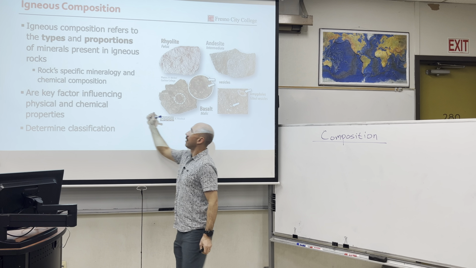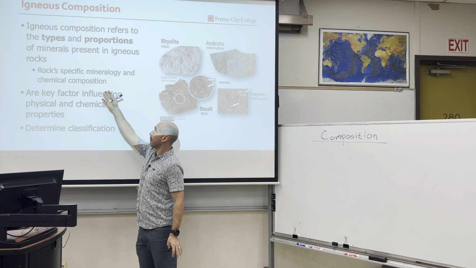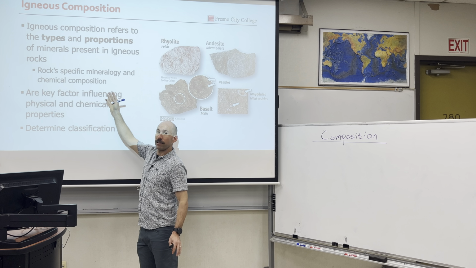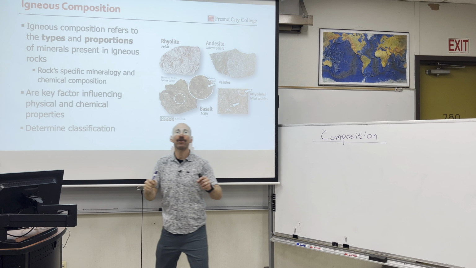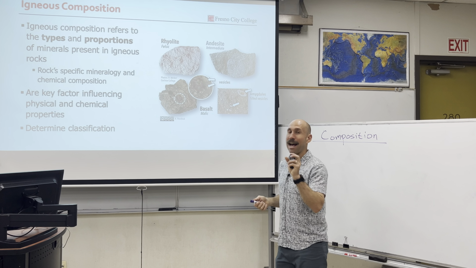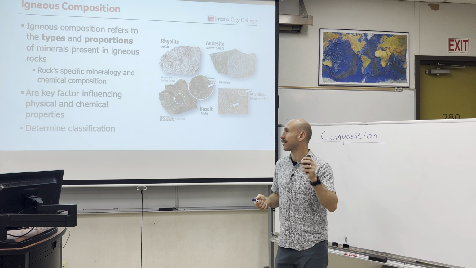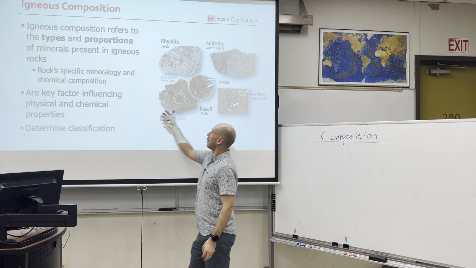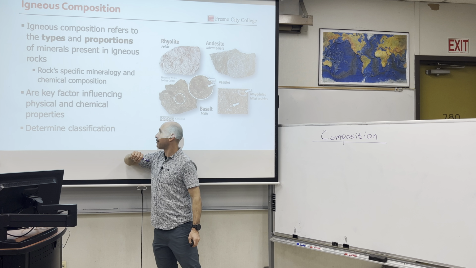Minerals are defined by chemical composition, the chemistry of the rocks. Chemistry is woven into everything we do, and it's a very important aspect of understanding rocks and minerals, affecting their physical and chemical properties.